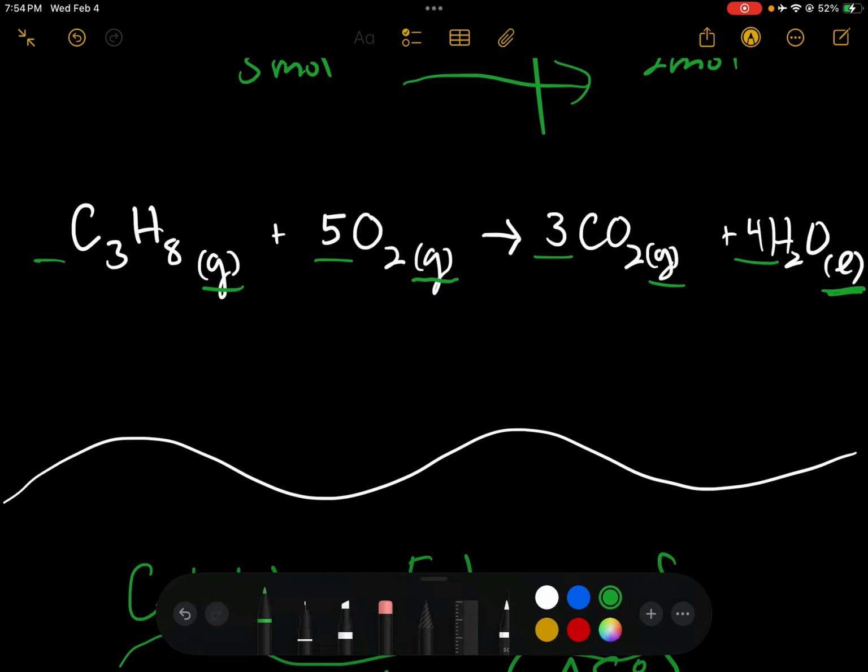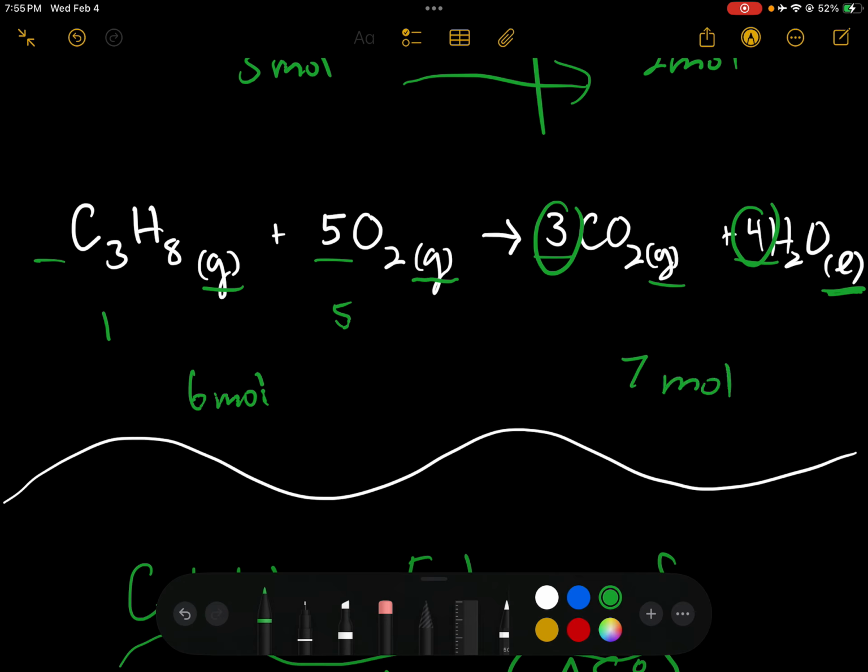On the left side here, I'm seeing 1 mole of gas for my C3H8, and 5 moles of gas for my oxygen, so that's a total of 6 moles, right? However, on the right-hand side, I'm seeing 3 moles of CO2 and 4 moles of water. So that's a total of 7 moles overall.